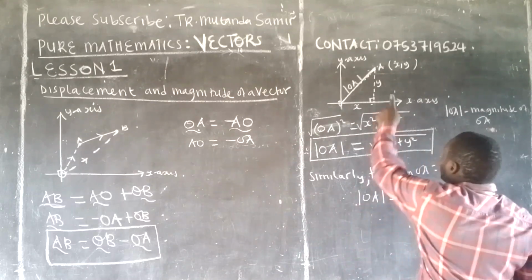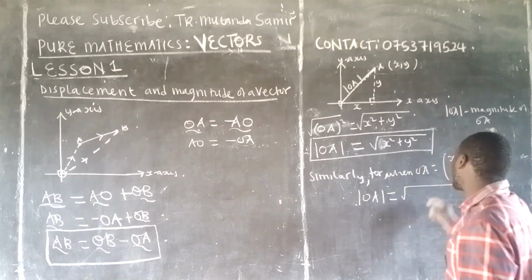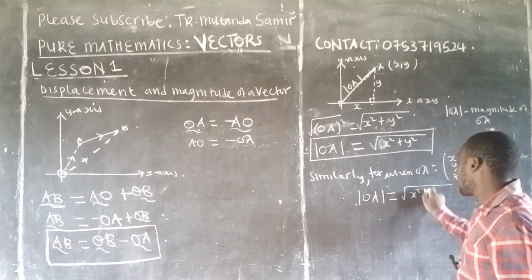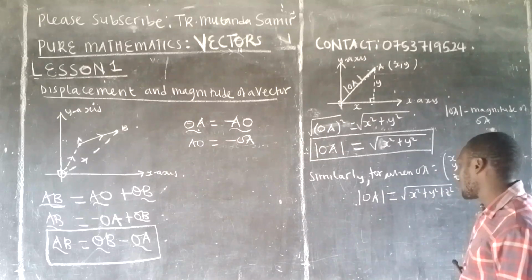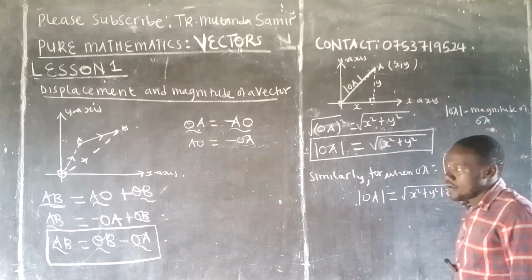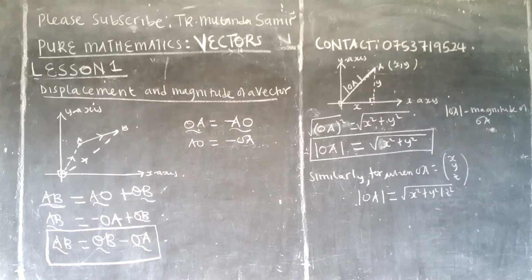Now we know that once you have x, y, you just go on squaring and you add. So it will be the square root of x squared plus y squared plus z squared. And that's how we get the magnitude of vectors.